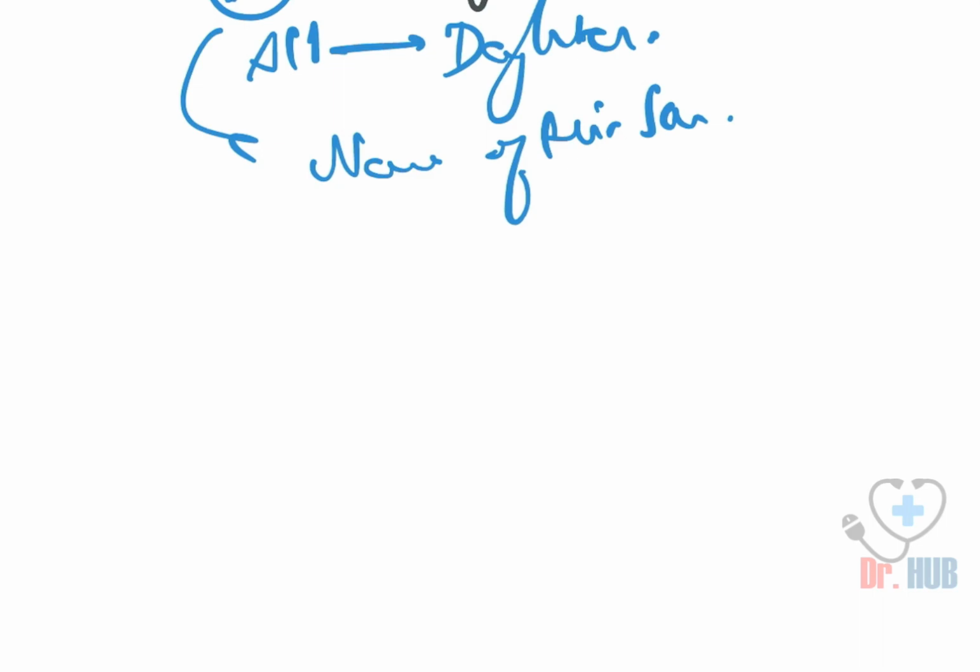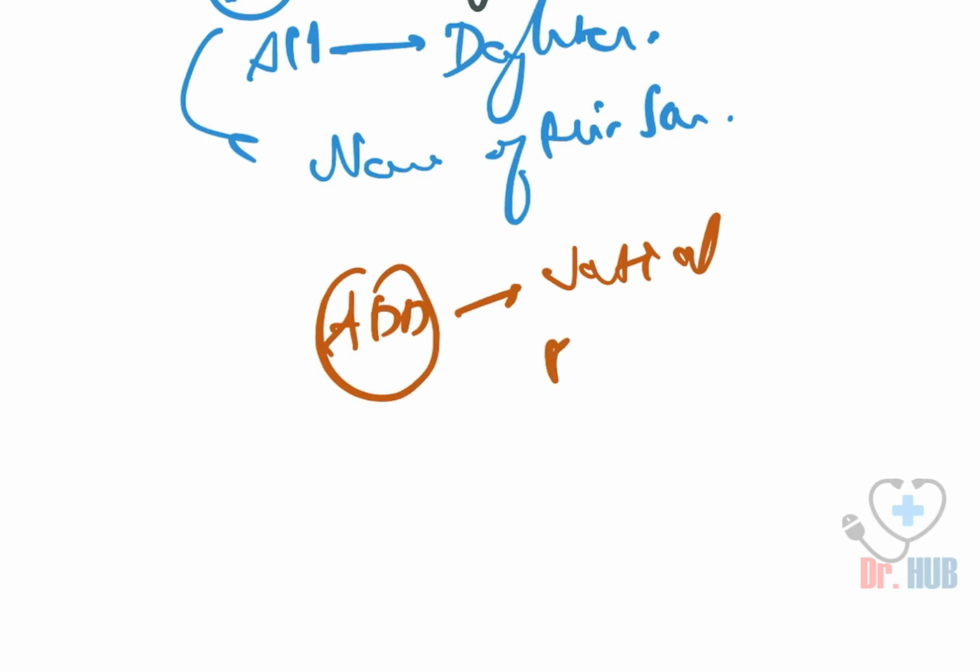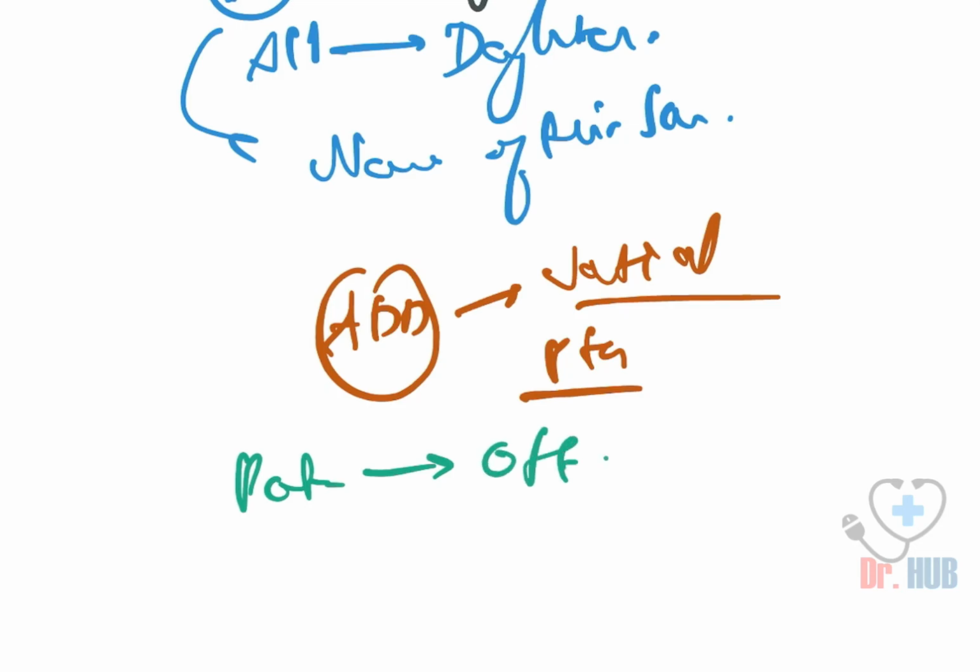Next, the next question was, what is the autosomal dominant disorder? What we need to know in dominant disorders is that it has the vertical pattern in the pedigree. That is, individuals of each generation are affected, the parent as well as the offspring.